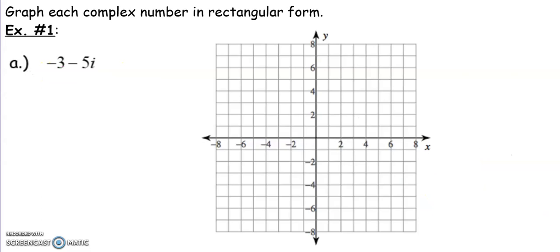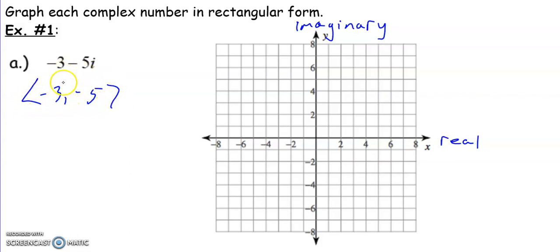So let's try that. Let's graph our complex number in this rectangular form. Remember, x and y really aren't x and y in rectangular form. This is my real axis, and this is my imaginary axis. Imaginary. Forgot how to spell it for a moment. So let's write this as a vector on my graph. We are going to graph the vector -3, -5.